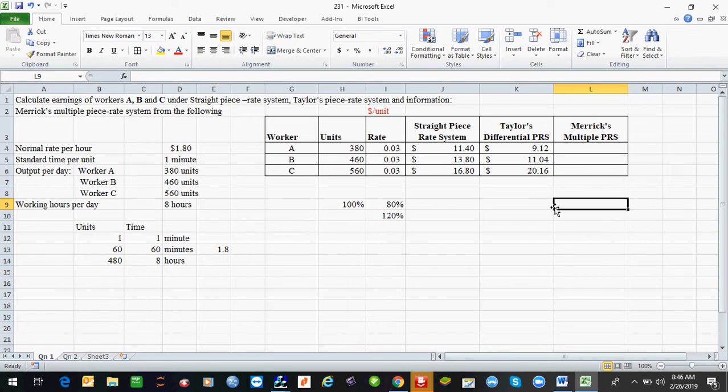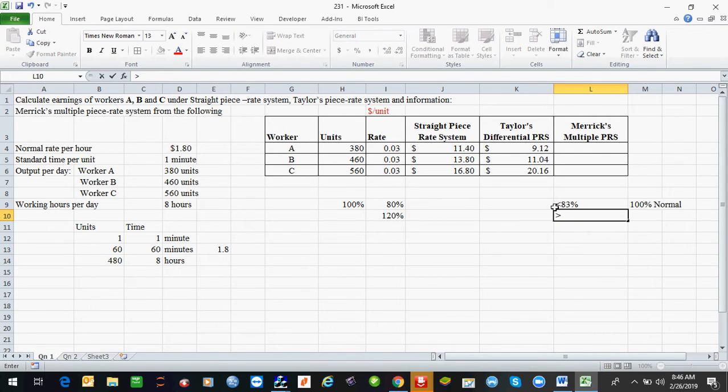Then Merrick's multiple piece rate system asserts that production less than 83%, we pay at 100%. That is the normal rate.